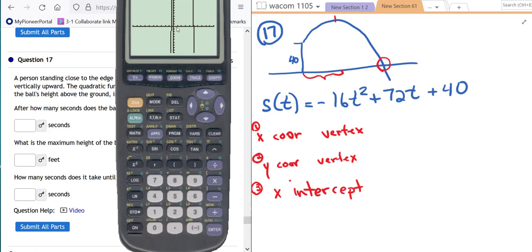This scale is 1, 2, 3, 4, a little bit less than 4, so a little bit less than 4 seconds. So my scale is okay on the x. Let's change the y, and when you have no idea from your picture how high it's going to go, you can do zoom fit. So it's at the bottom.